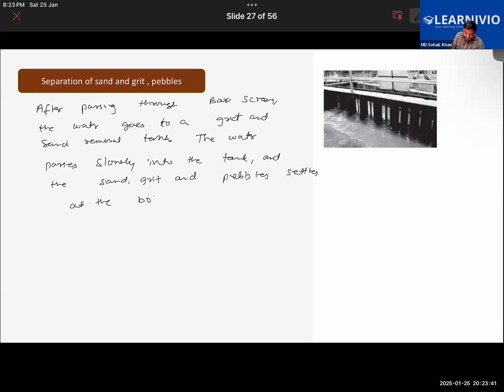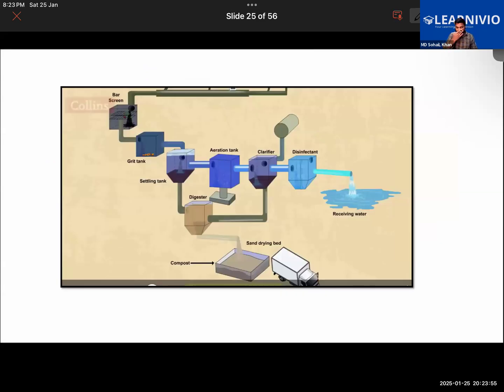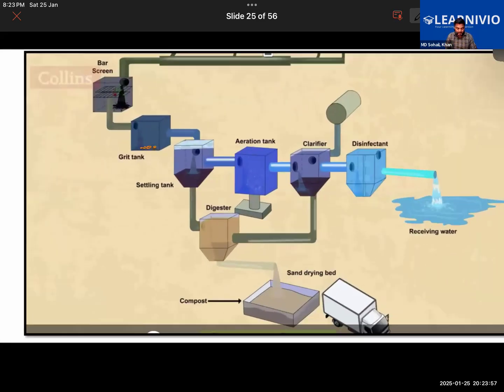Whatever impurities settle, the sands that are settling at the bottom, are removed from the tank from time to time. Otherwise, the tank will be filled with the sand and the silt.